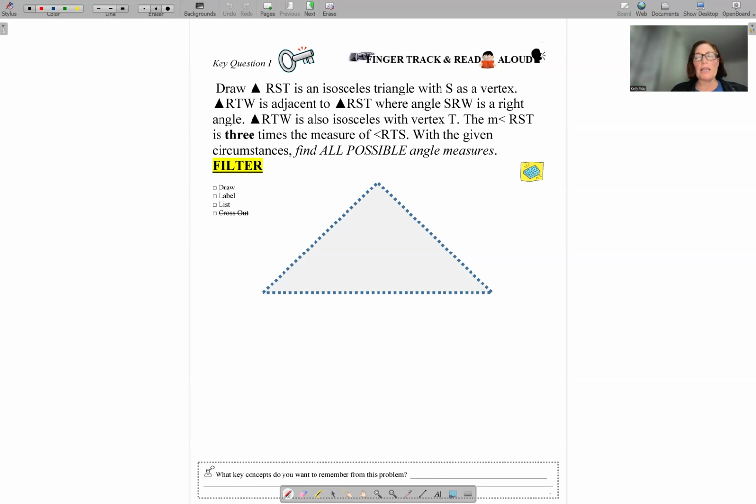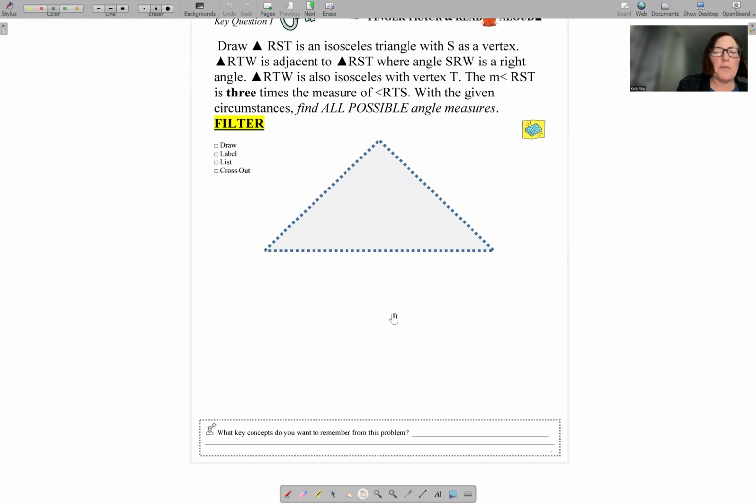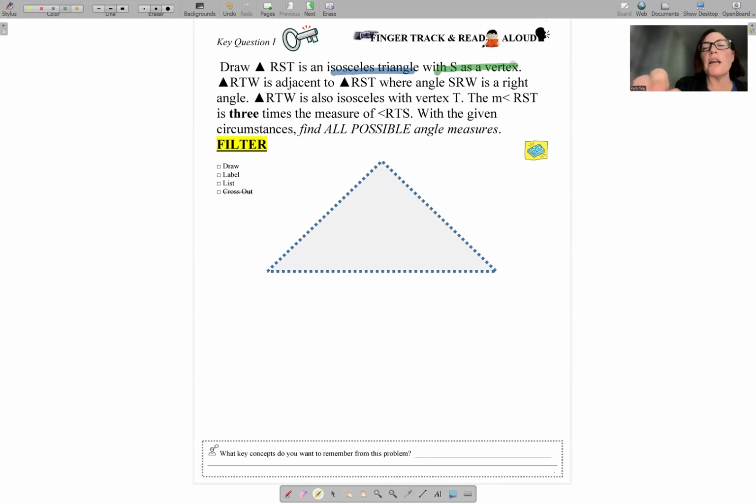All right, welcome back. Let's see how you did so far. We're going to take it one step at a time. Says right here that RST is an isosceles triangle with S as the vertex.